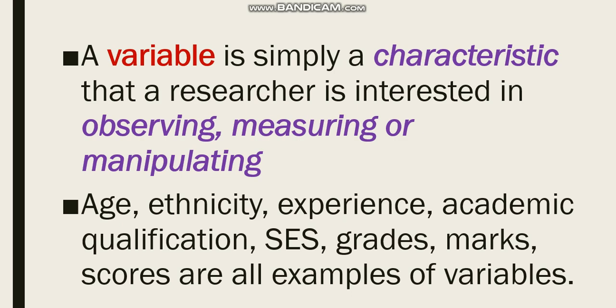Examples of variables, like what you are seeing now on the screen: age, ethnicity, experience, academic qualification, SES, socioeconomic status, grades, marks, and scores are all examples of variables. I'm sure by now you can think of many more variables.